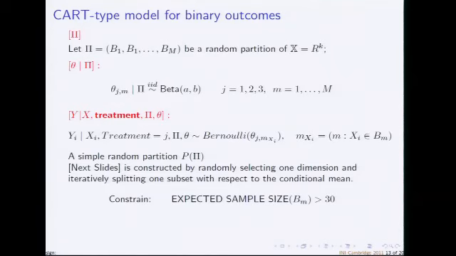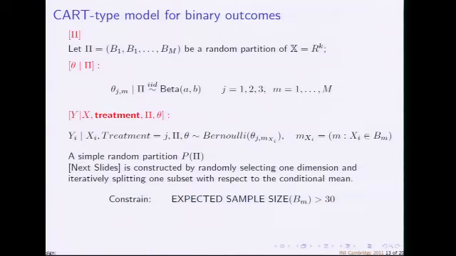Those subgroups are essentially defined by a partition, and in this case, we propose a model that would define a random partition, and let's call that pi. Basically, pi is a sequence of subsets of X, and these B's form a partition of X, meaning they are disjoint, and the union of all the B's equals X.